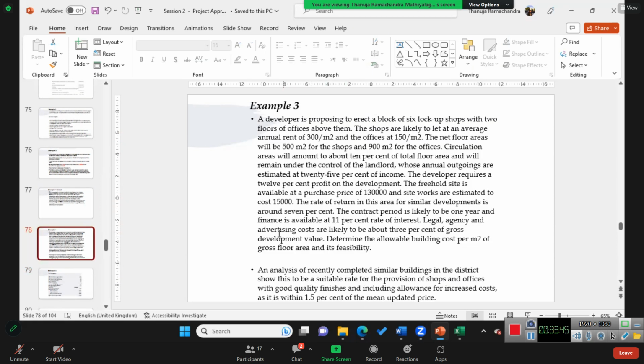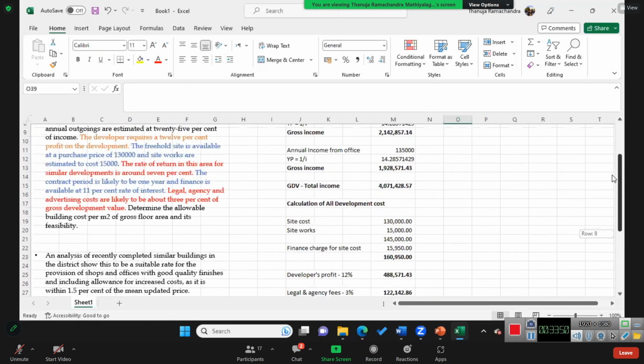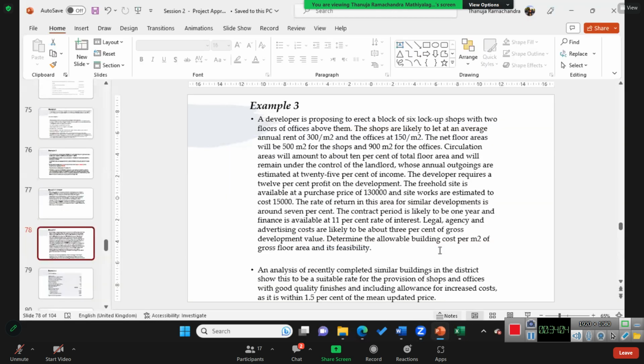It's given 12%. I highlighted it now in the Excel. See, I put it in red. 11% is finance and 12% is profit. Perfect, it's okay. So do this one.